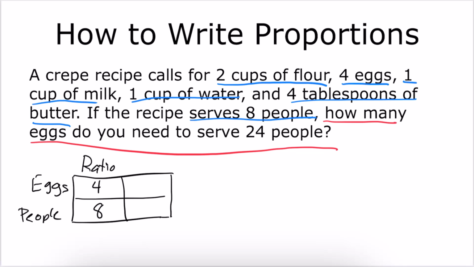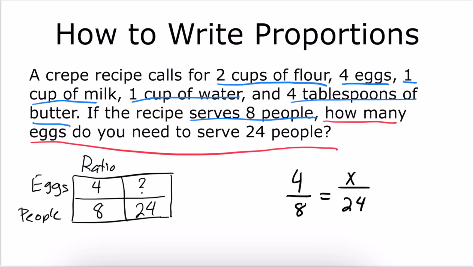And then the question I'm looking to answer is how many eggs, so question mark for the number of eggs, do I need to serve 24 people? If I wanted to set this up as a proportion, I would set it up as 4 over 8 equals x over 24, because I'm trying to figure out how many eggs I need to serve 24 people.